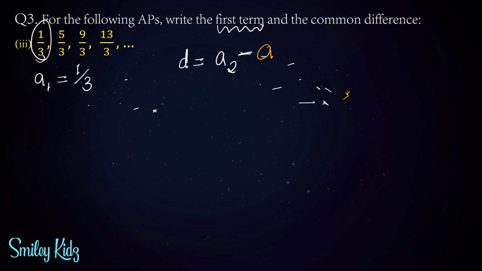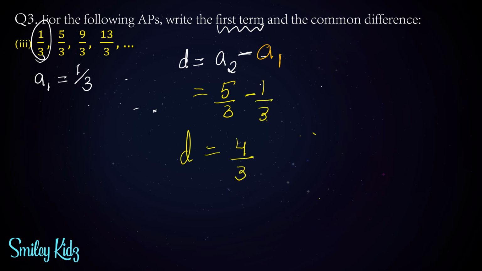The value of A2 is 5 by 3, isn't it? So, 5 by 3 minus, what is the value of A1? It is 1 by 3. So, 5 by 3 minus 1 by 3 will give you the common difference, which is 4 upon 3. So, what is the common difference? It is 4 upon 3. And the value of the first term is 1 upon 3.